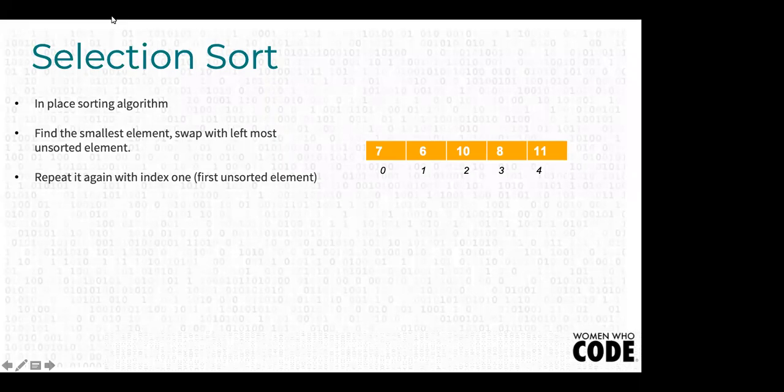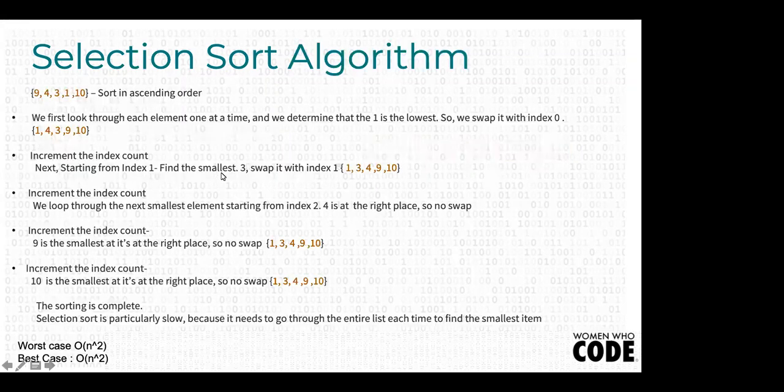Selection sort is another in-place sorting algorithm. You find the smallest element and swap it with the leftmost unsorted element, and keep doing that for every index. So here is a detailed description of the selection sort algorithm.